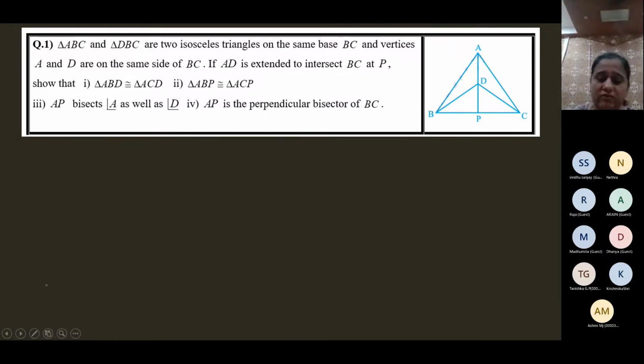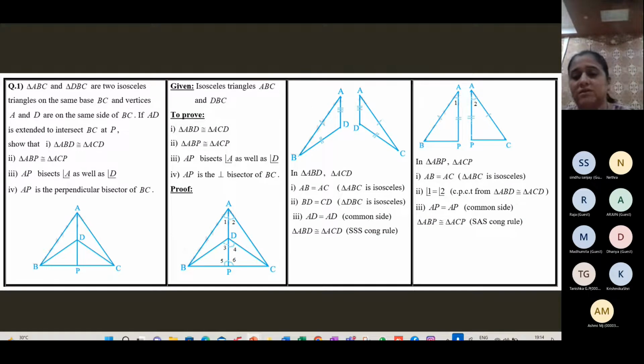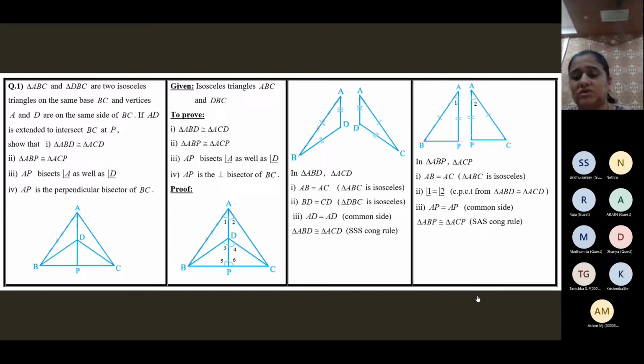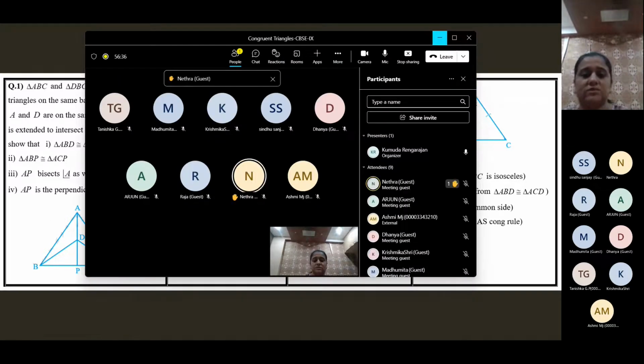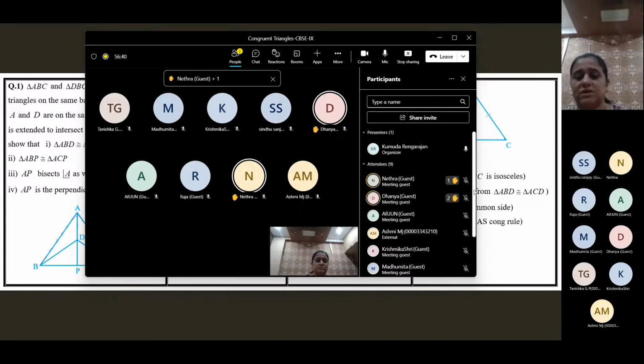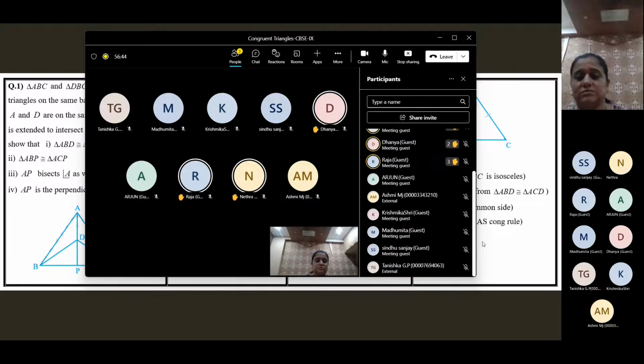Now I have to use this one. So how many of you have completed writing all this, children, in your classwork? Netra, Danya, Raja, Madhumita.